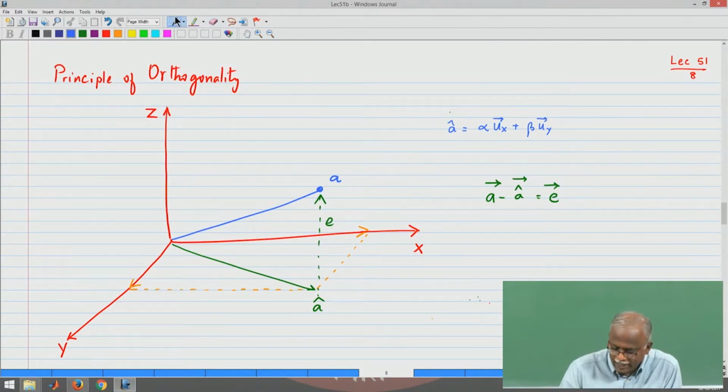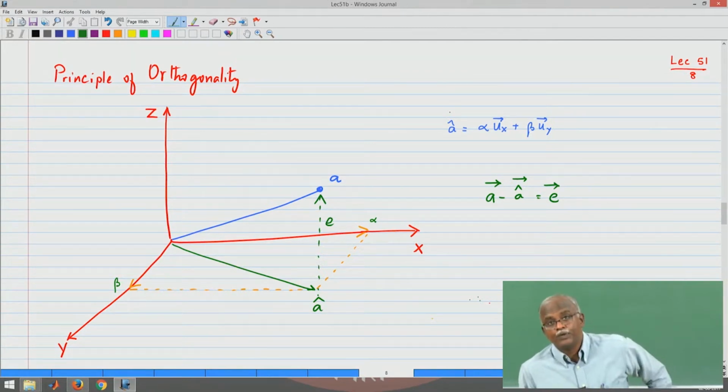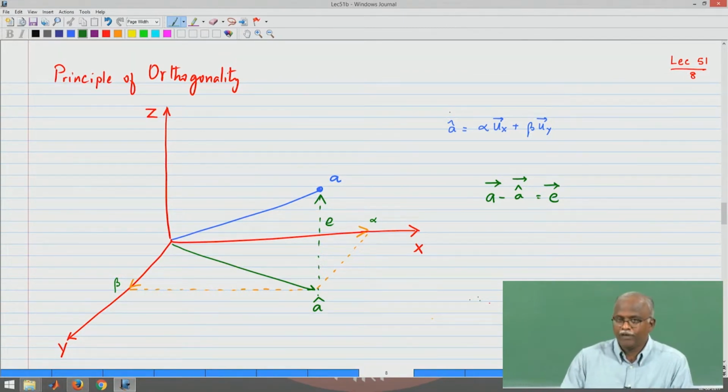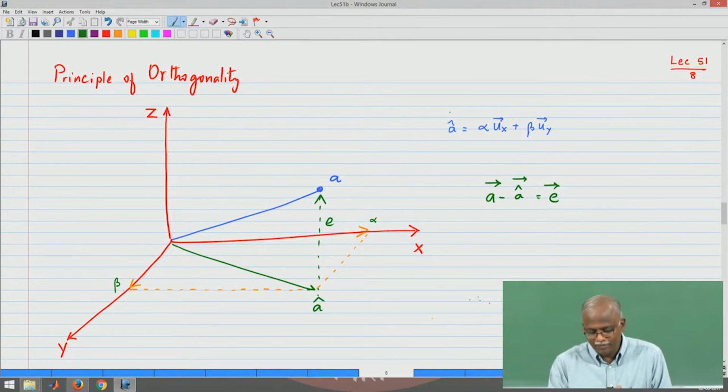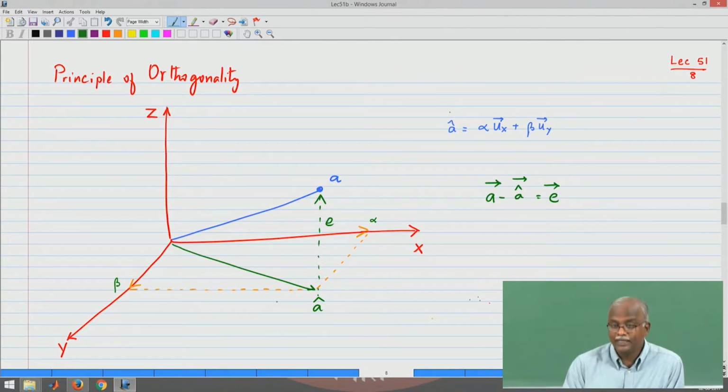So, basically this point would become your alpha, this would become your beta, and then you would get the best possible approximation. I hope you are comfortable with the explanation. A is a point in 3-dimensional space. I am trying to approximate it in the 2-dimensional xy plane, and I find that the point that is perpendicularly below it is the one that gives me the best approximation.